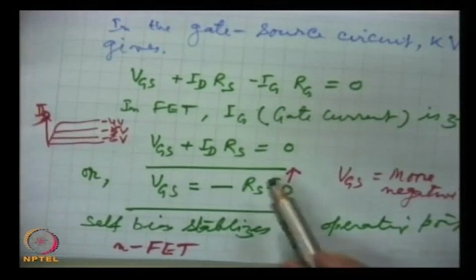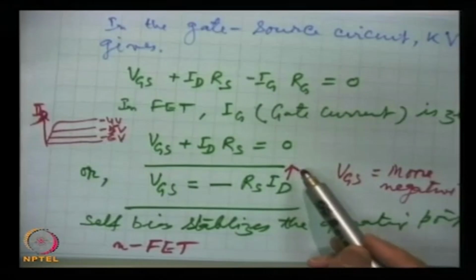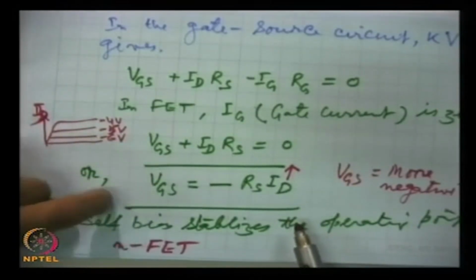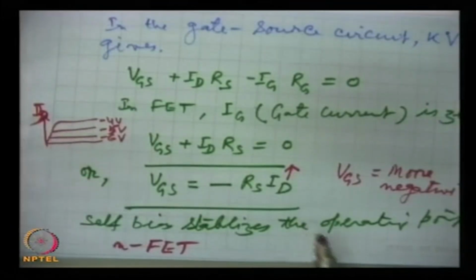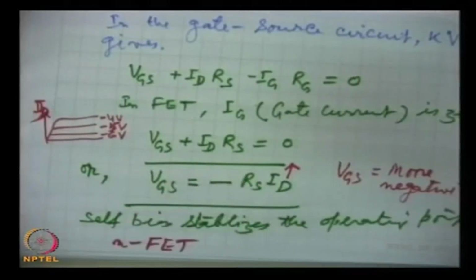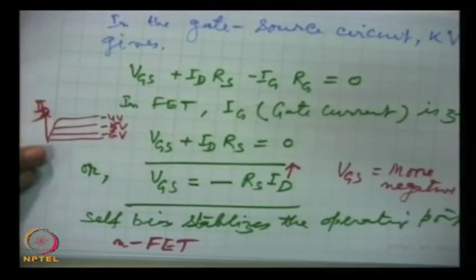So, if this current increases, it will make the gate source voltage more negative, and hence this will take the corrective measures. Whatever the reasons for the variation, they will be taken care of.